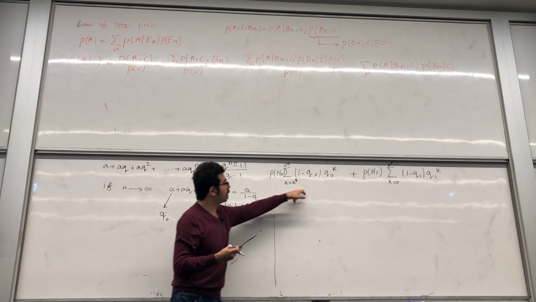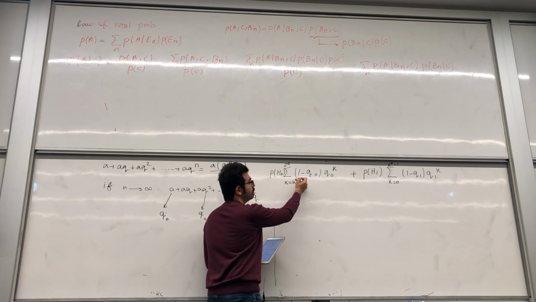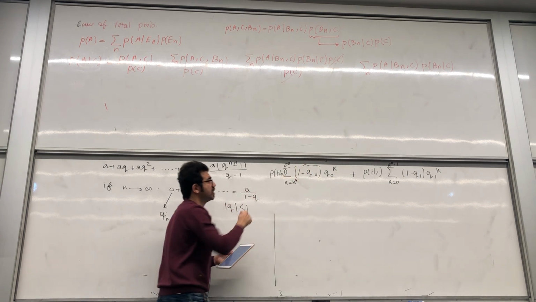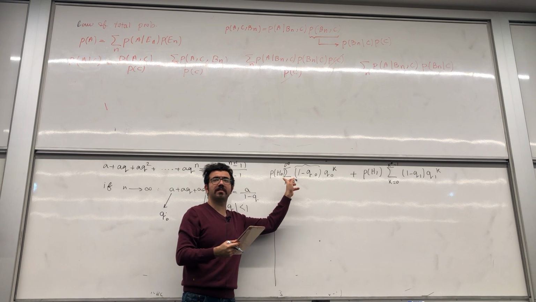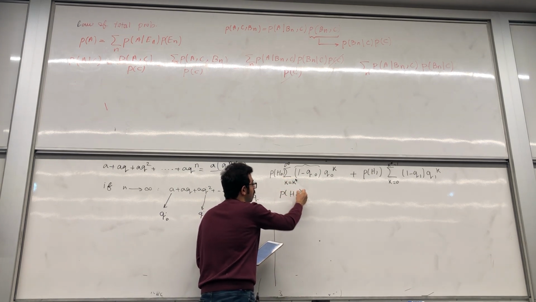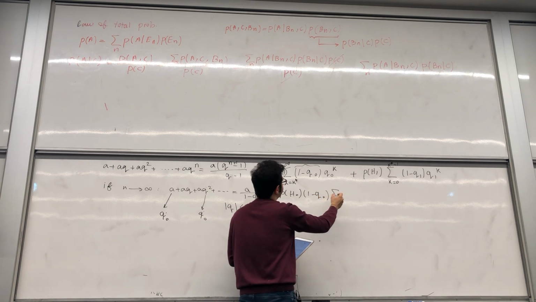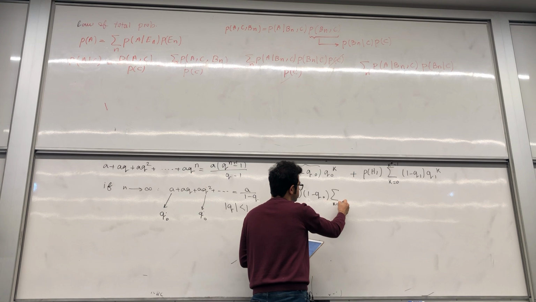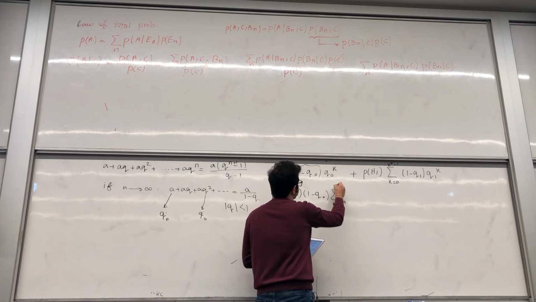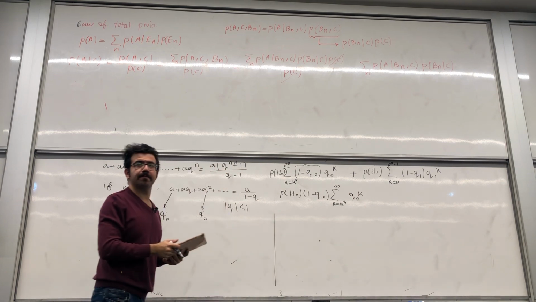For example, for this one, do I agree that this term does not depend on K, so I can take it out of the summation? So let's do it: probability of H1 times 1 minus Q0 times the summation for K equal to K star up to infinity of Q0 to the power of K, right?